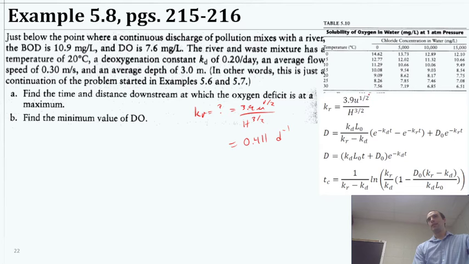And so you're never going to have units that make sense. As I stopped to think about it, I was like, well, if I just do the numbers here with meters per second and meters, we get 0.411, and that's relatively on par with this. And if we were to go back and check the table, that is in the range of the reaeration rate constants. 0.1 was like a slow pond or something like that. 1 was a waterfall.